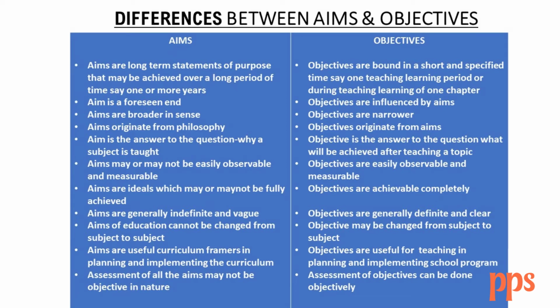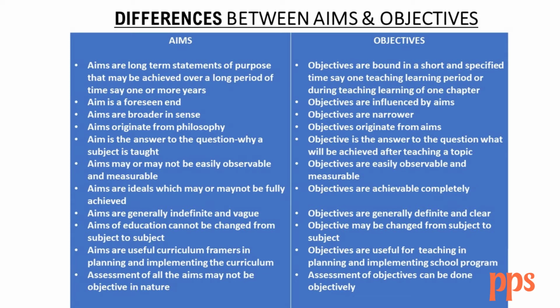Aims are ideals which may or may not be fully achieved, whereas objectives are achievable completely. Aims are generally indefinite and vague, whereas objectives are generally definite and clear.